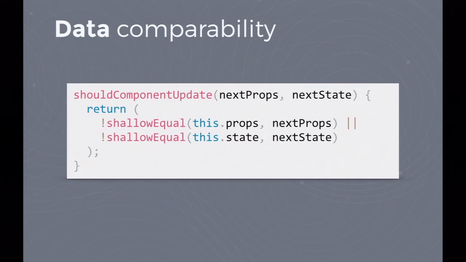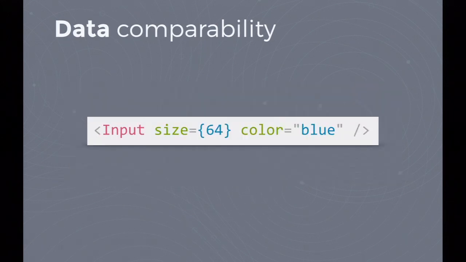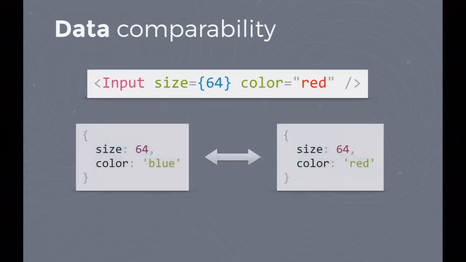Now, how would this work in a real example? Well, I don't know if this is a real example, but we've got a blue button, right? We want to change it to a red button. This is really easy to do, right? We check the props. Does the size change? No. Does the color change? Yes. Red and blue are not equal.